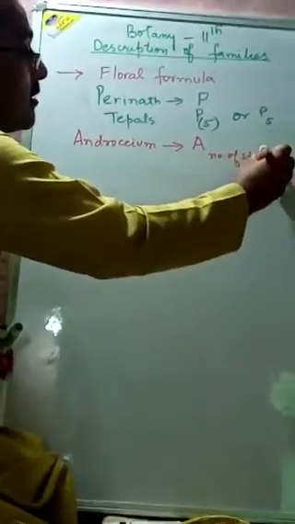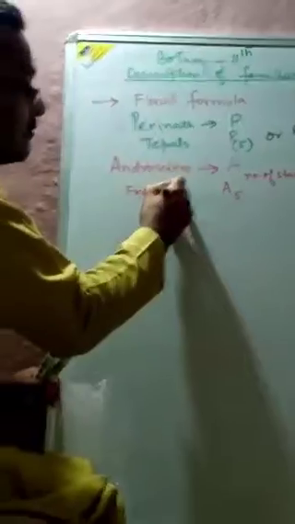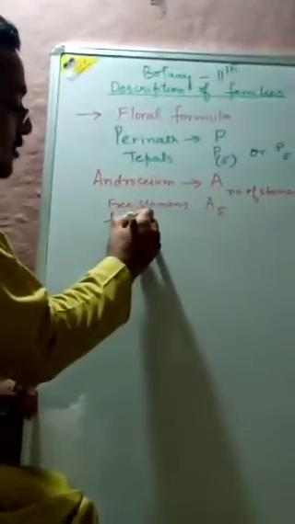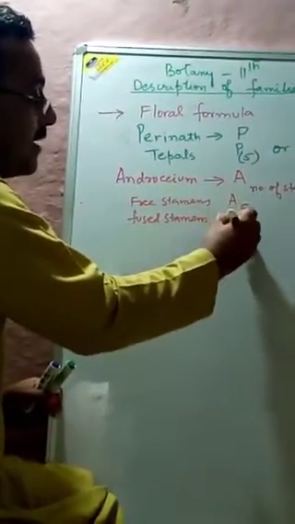If the number of stamens is 5, A5, that is for the free stamens. When they are fused stamens, we may write A5 within the brackets.